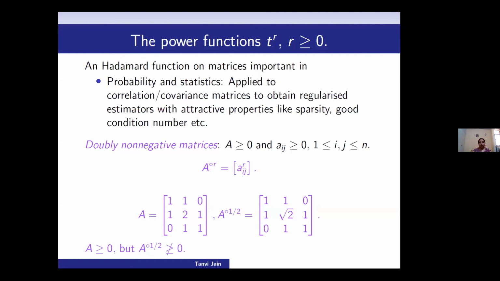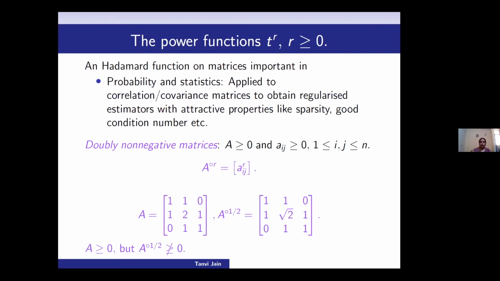So here, we have talked about non-negative integer powers, but now we talk about real powers. Let us change non-negative integers to R, where R is greater than or equal to 0, a non-negative real power. So we look at the matrix A_ij to the power R. Obviously for that, we need the A_ij's to be all non-negative.